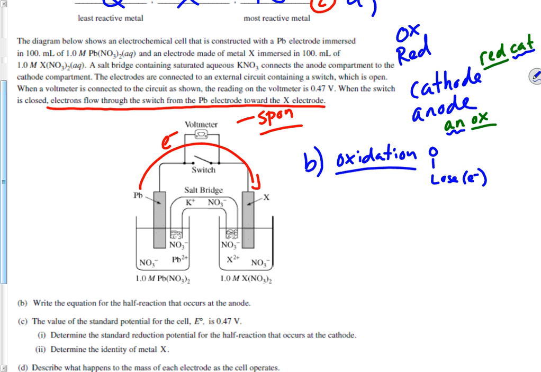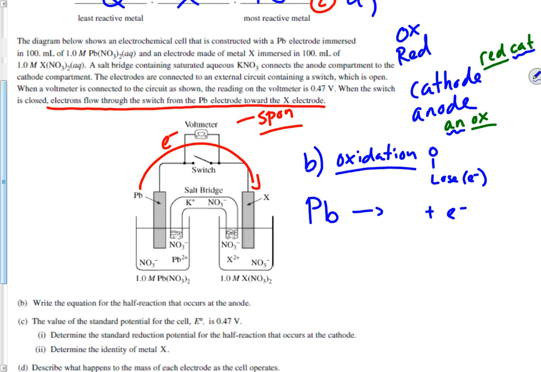So let's just look at what happens. Who is losing electrons? The electrons are flowing away from the Pb, right? So you start at Pb. You don't need states of matter. If you lose electrons, they got to be on this side. It's just that simple. So what is the charge on Pb? Look at the formula of a solution that they gave us earlier.